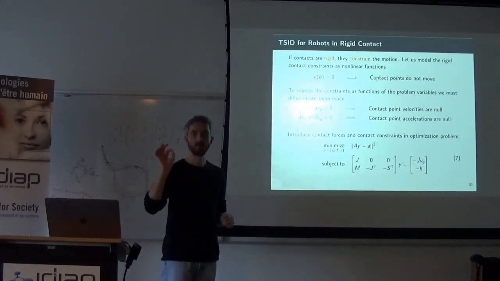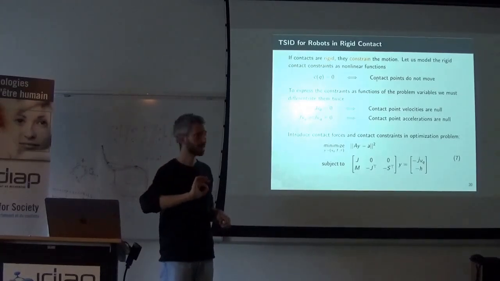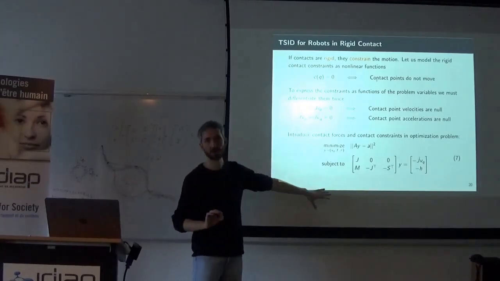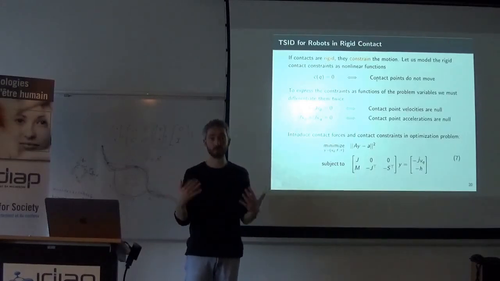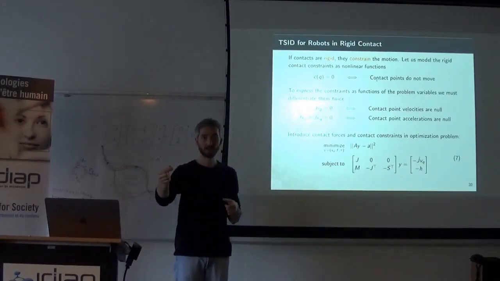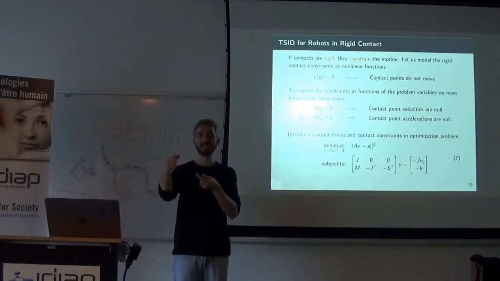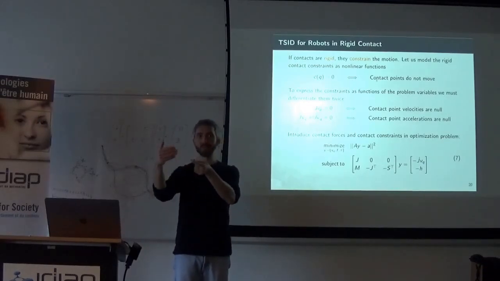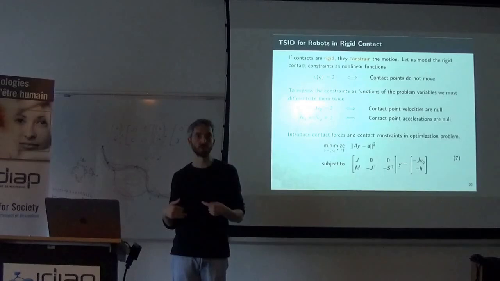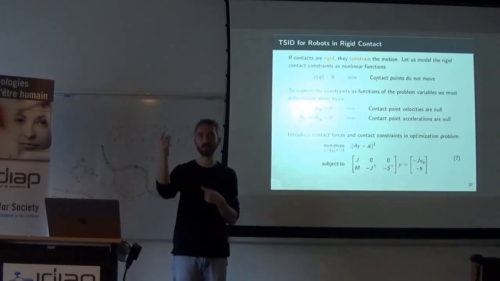You don't care about measuring or tracking the contact forces, because in theory, if everything follows the modeling assumptions that you took, the contact forces are directly implied by your joint torques. So you don't need to measure the contact forces.